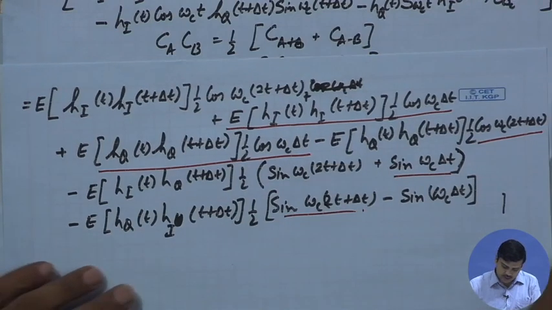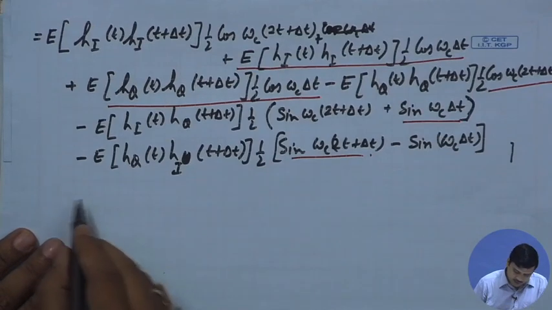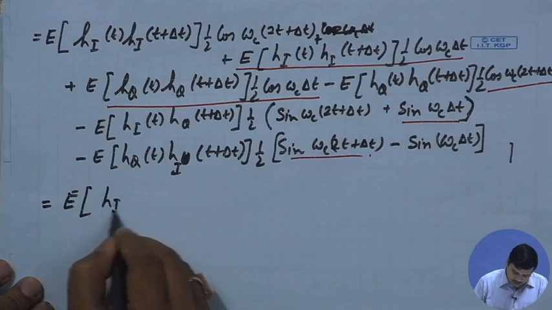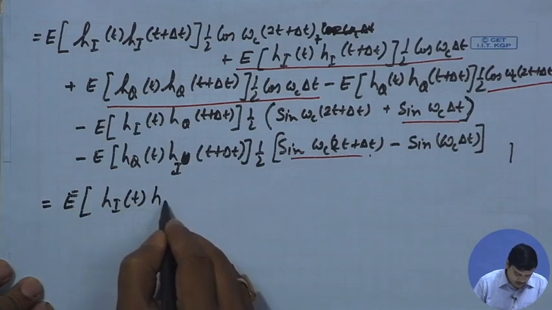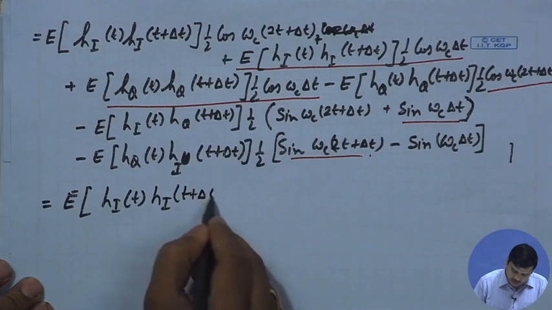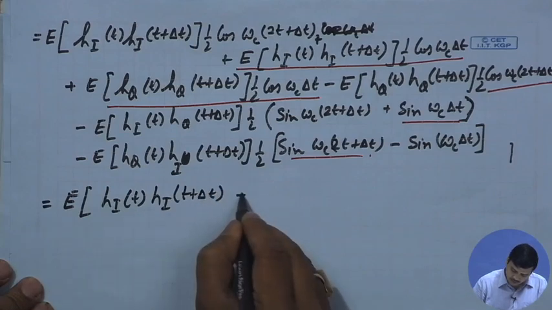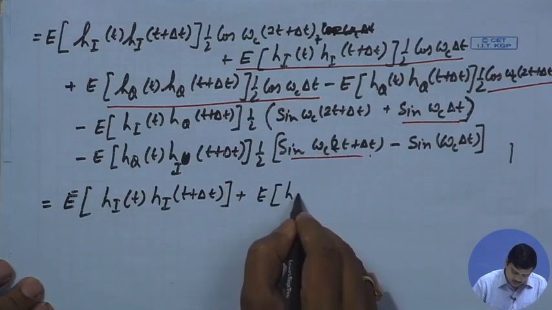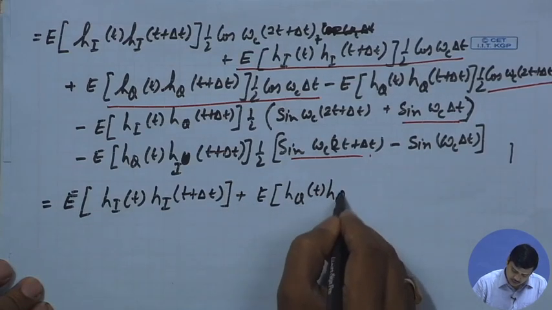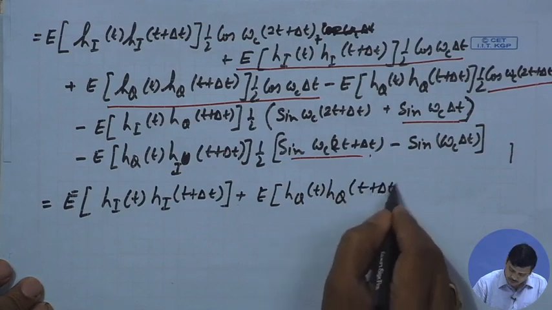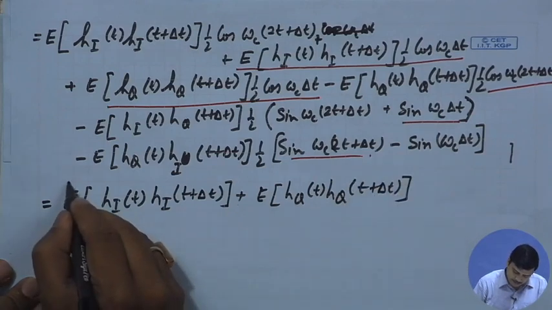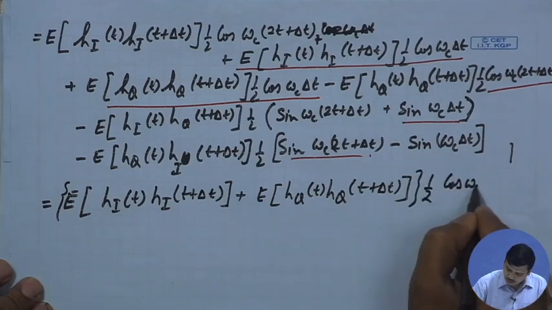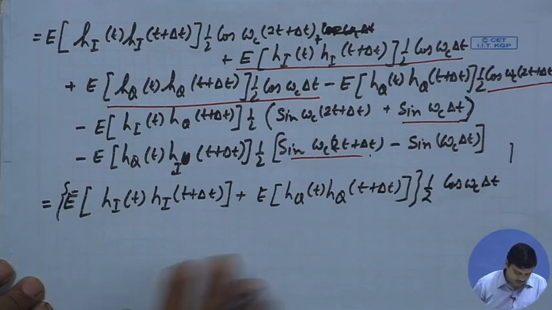So if we do that, the expression we end up with would be E of h_i of t h_i of t plus delta t plus E of h_q of t h_q of t plus delta t, this whole thing having the coefficient cos omega c delta t.